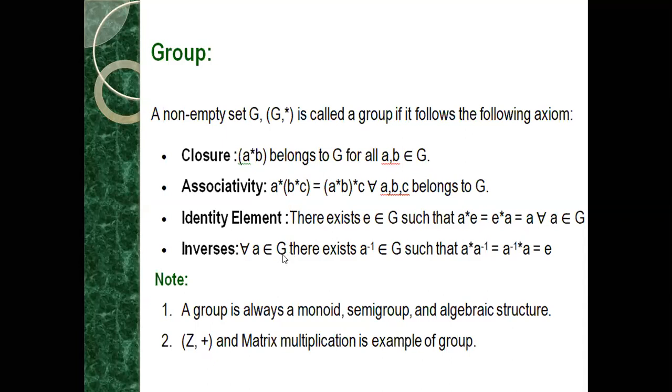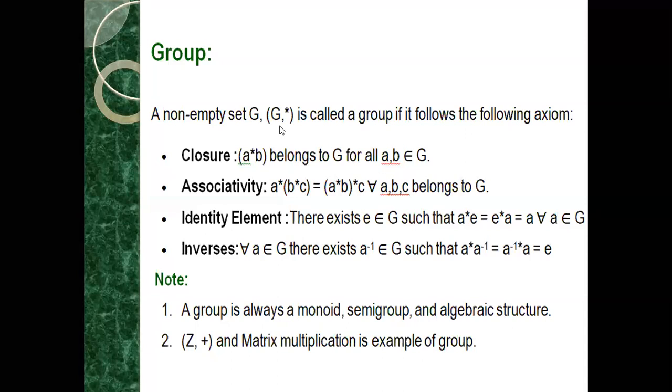For each a belongs to G, there exists an element a inverse belongs to G such that a star a inverse is equal to a inverse star a is equal to e. Here star is the defining binary operation. Then we say that the given set is a group. So when we say that G is a group, (G, star) is called a group.